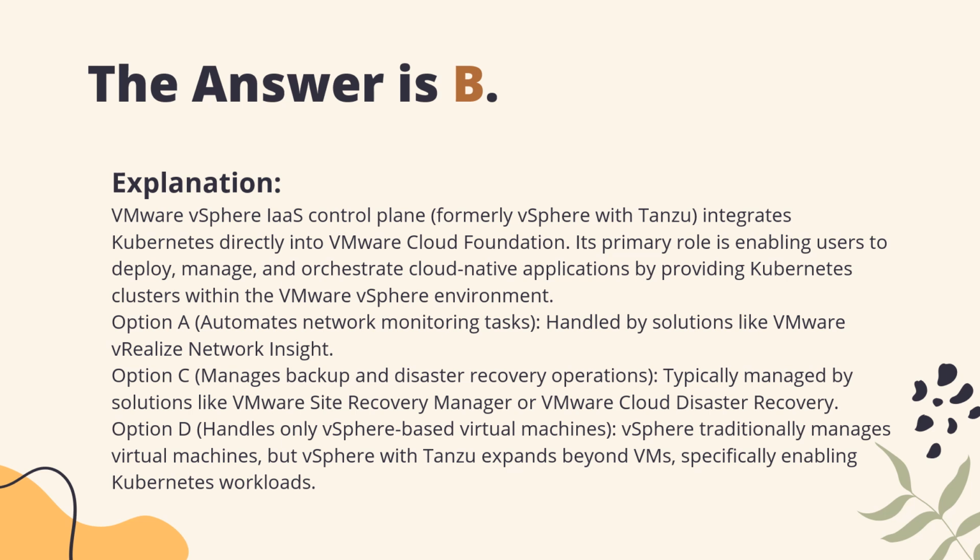Option C, managing backup and disaster recovery operations, is typically managed by solutions like VMware Site Recovery Manager or VMware Cloud Disaster Recovery. Option D, handling only vSphere-based virtual machines: vSphere traditionally manages virtual machines, but vSphere with Tanzu expands beyond VMs, specifically enabling Kubernetes workloads.